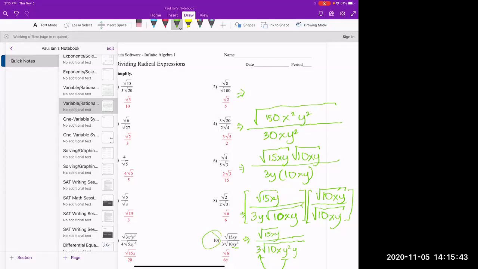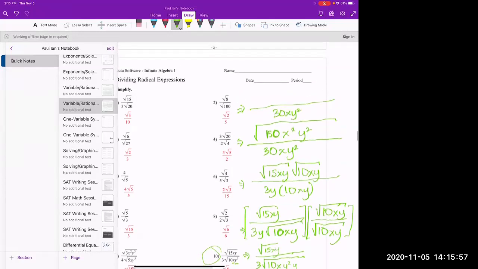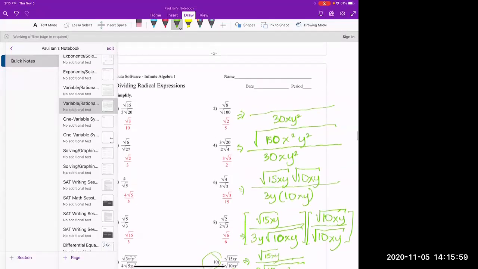Oh, yeah. Okay. So what can you split it into? 15 and 10. I would probably start higher. What about 25? Yeah.